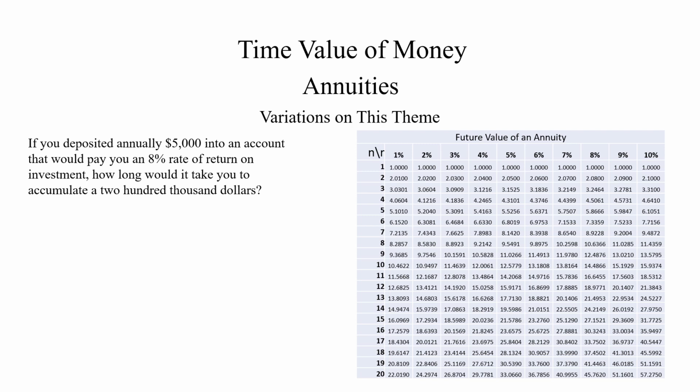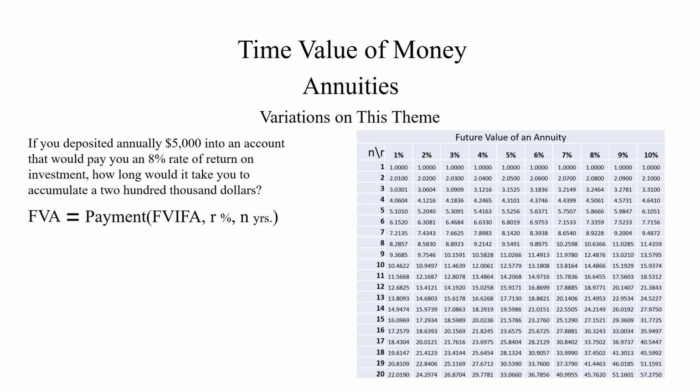Here's a future value of an annuity problem, and you can tell because you're depositing $5,000 annually. What's different is that you know both the deposit amount and the future value, and you also know the rate of return. So you simply set up the future value of an annuity template and solve for n, the number of time periods.